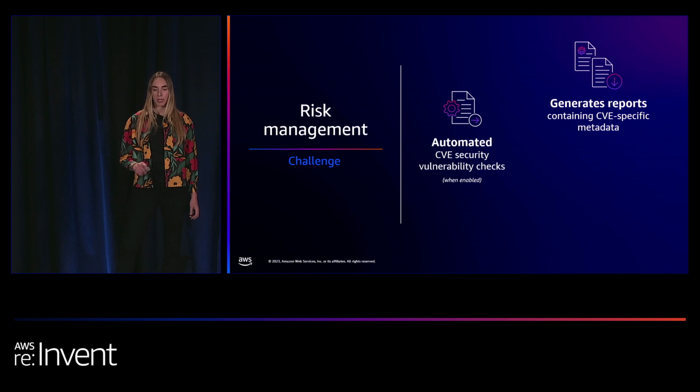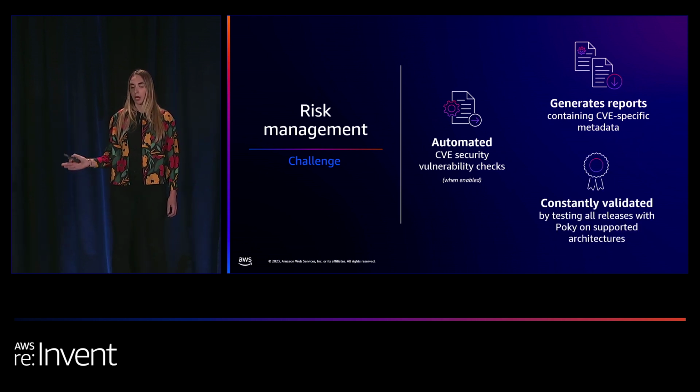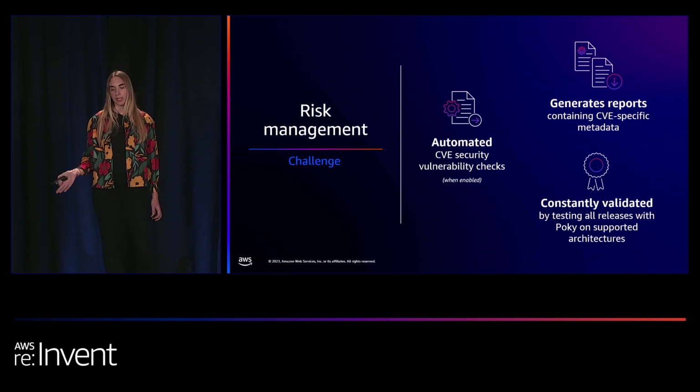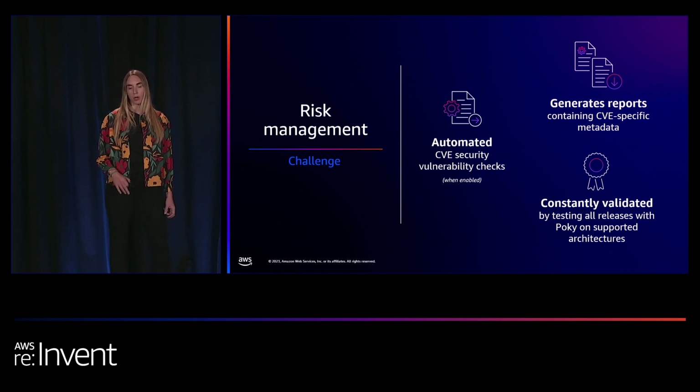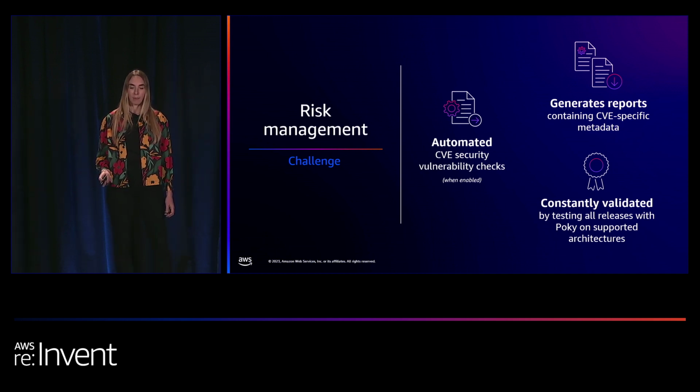These reports contain all of that particular metadata for you to store, dig in on, and mitigate as you'd like. And again, Yocto Project is constantly validated by testing all releases with the reference distro Poky on each supported architecture. So you're getting that reassurance that things are getting validated automatically.